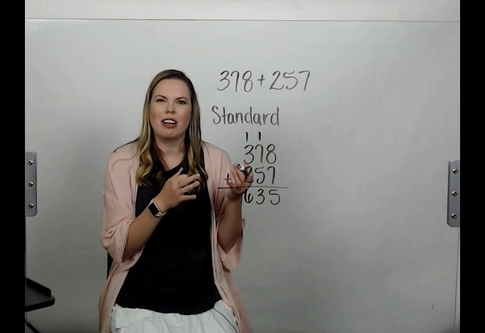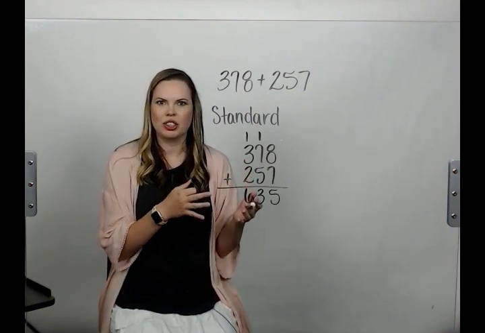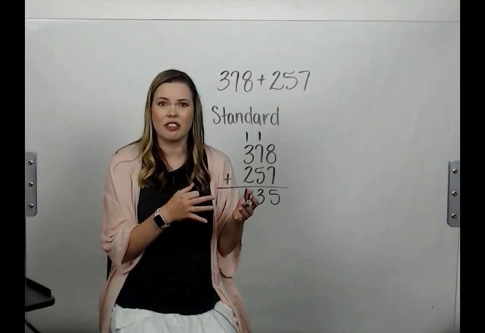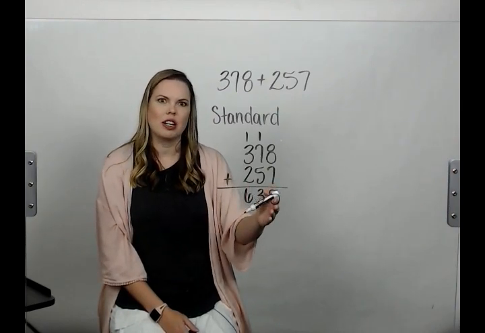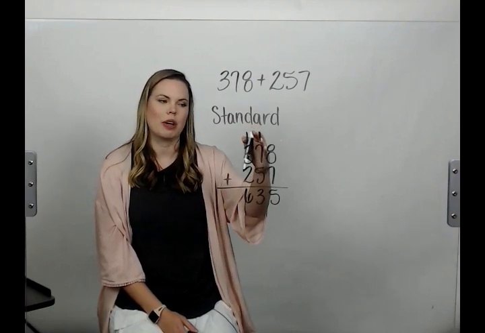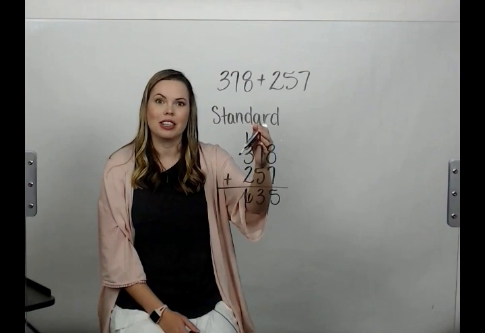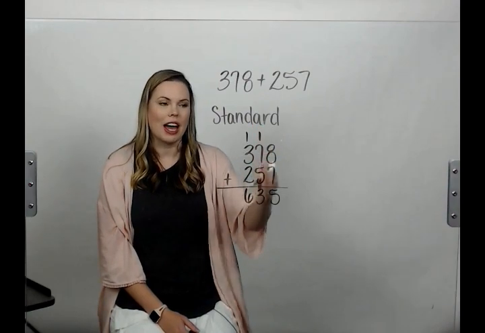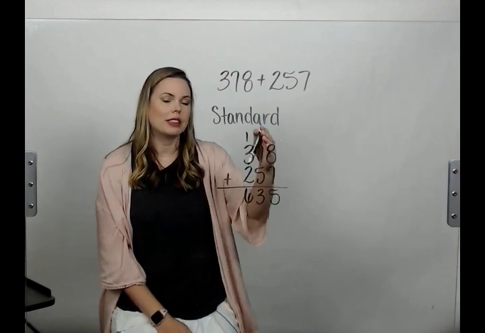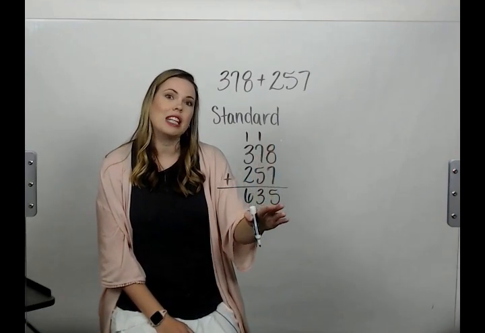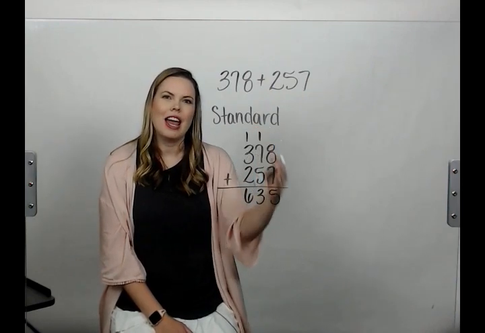But when our students, because I'm talking to you as teachers, see this for the first time, it can seem really foreign to them. They don't understand why we carry this 1 or why we add the 1 at the top. But we know, hopefully, that we carry this 1 because we have 15 ones here, which translates to 1 ten and 5 ones.